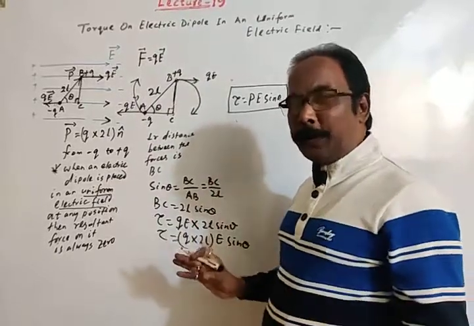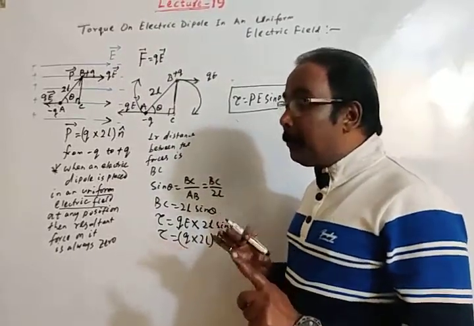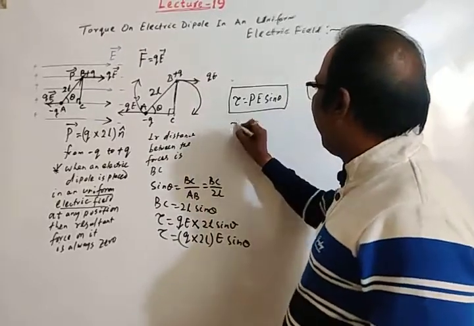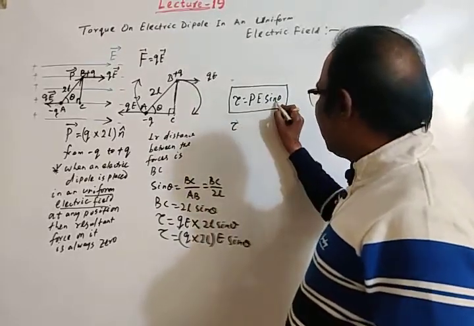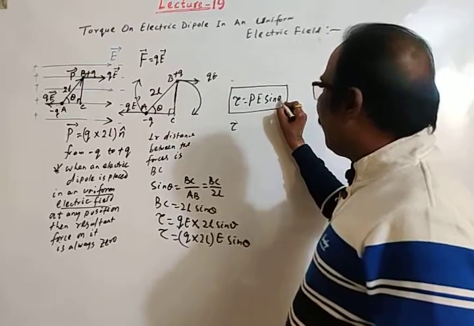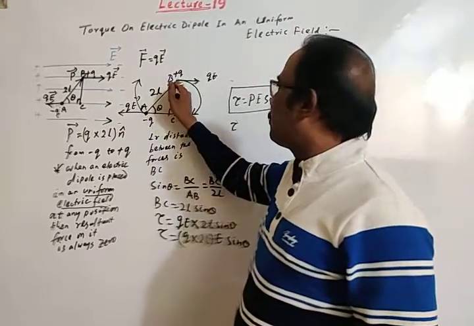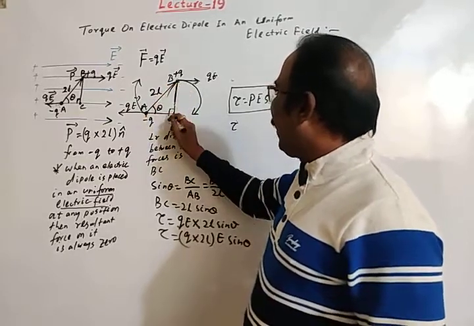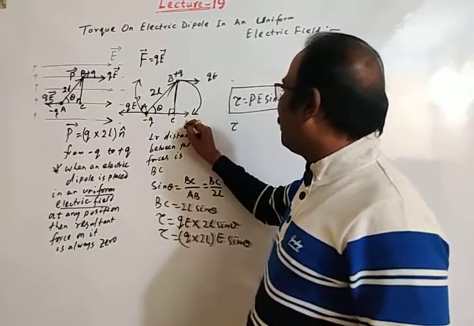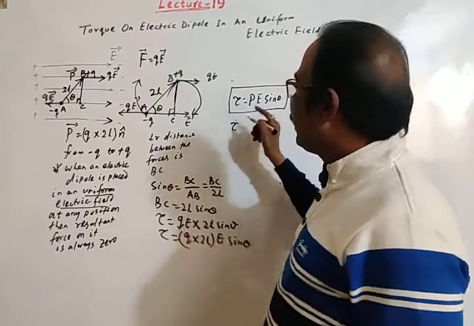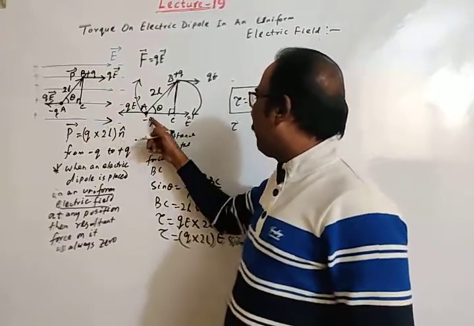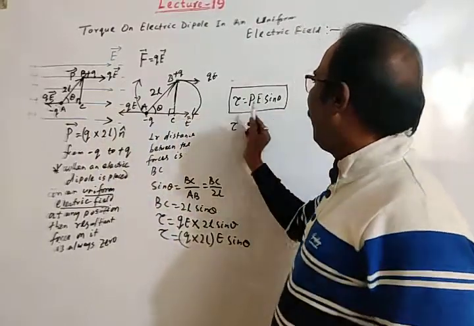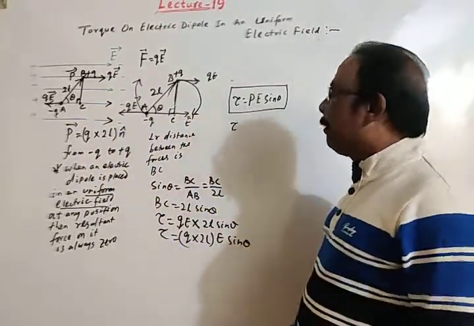Torque is clockwise, but if you want to know the specific direction of torque, we may take P sin theta, where theta is the angle between the dipole moment, from minus q to plus q, and the electric field vector, which is along this direction. I have represented here the same direction of electric field. So here theta is the angle between P and E.